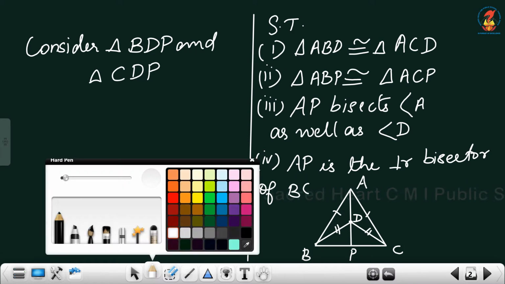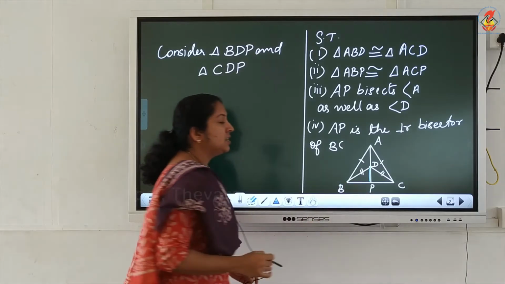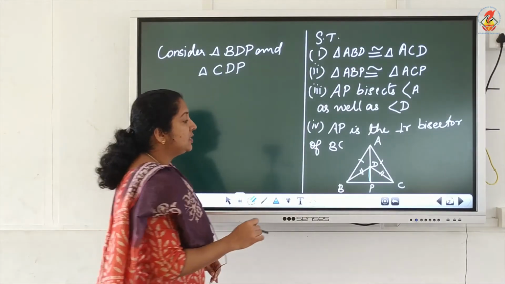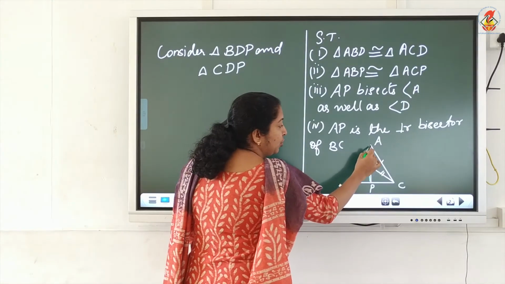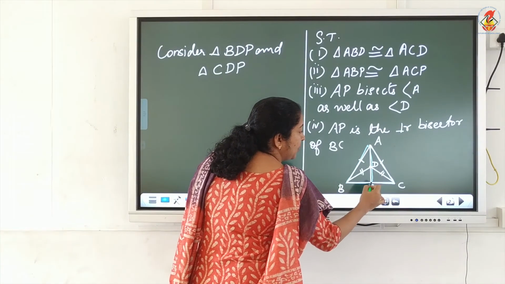Can you say the corresponding parts in that? Which is the first corresponding part? These two are equal, isn't it? Then which is the next corresponding part? DP is common in both these. What about the last one? We have already proved triangle ABP is congruent to triangle ACP.